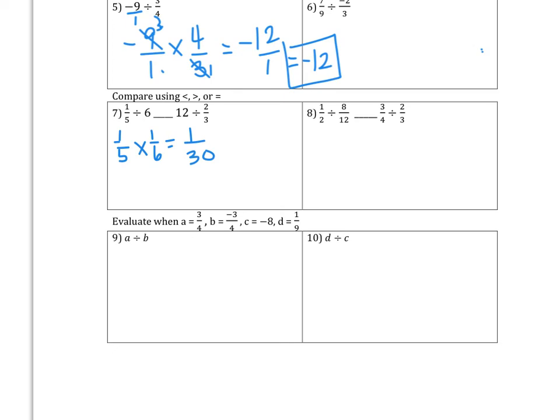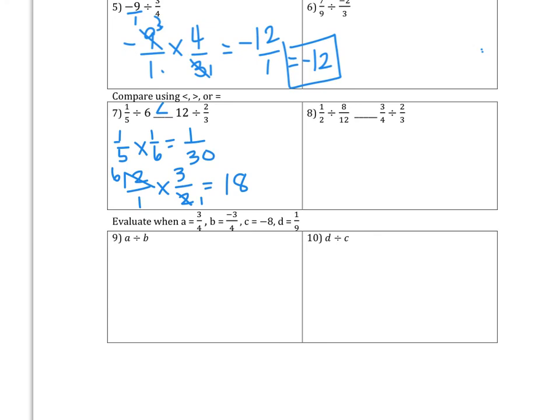The second is 12/1 times 3/2. I'm going to cross reduce this, and that is going to be 18. So I'm comparing 1/30 to 18. Obviously this one is smaller.